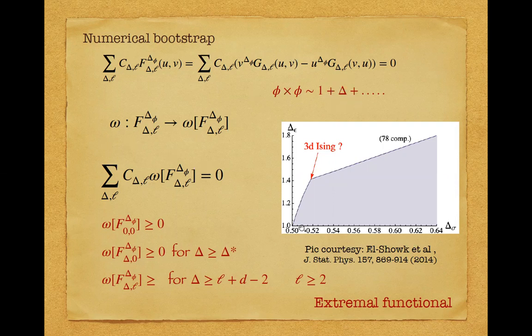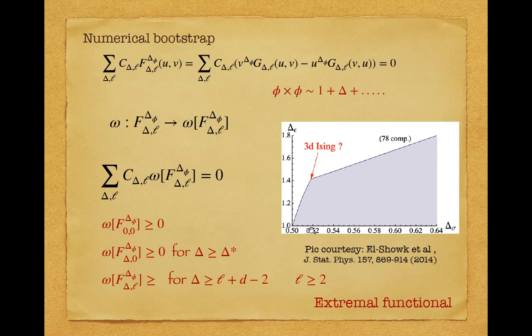The plot that I'm showing you here, taken from this paper, is telling you that if my CFT data has to satisfy this crossing symmetry equation, then this delta, which appears immediately after the identity, can be as big as these blue lines here, for the particular delta phi values.